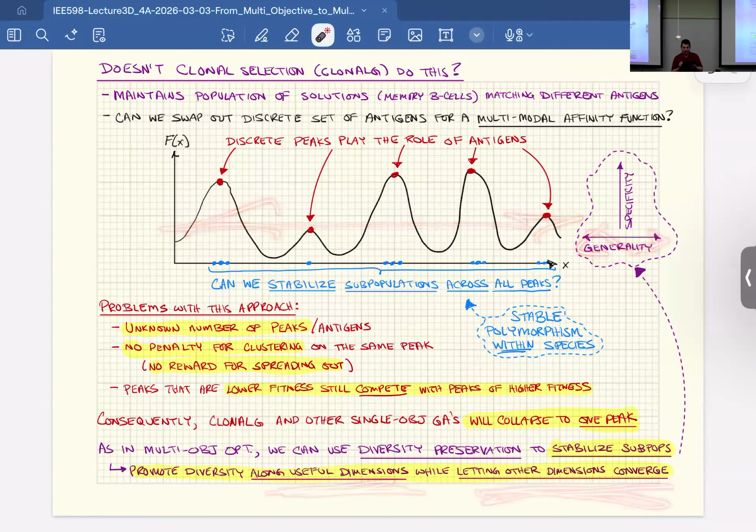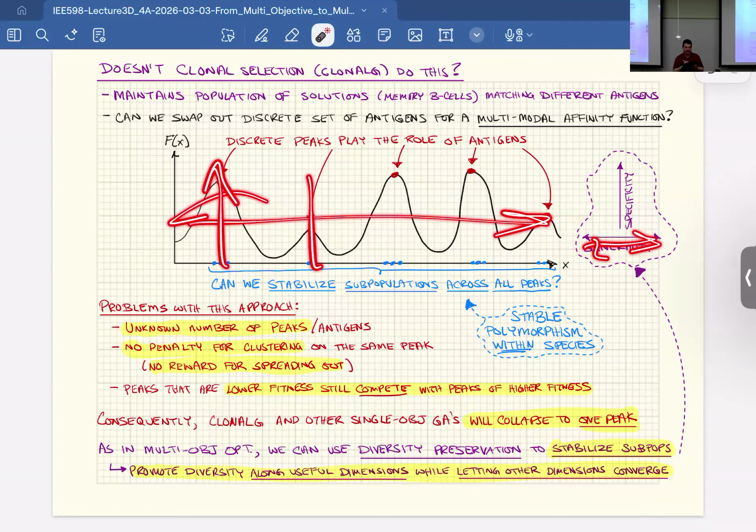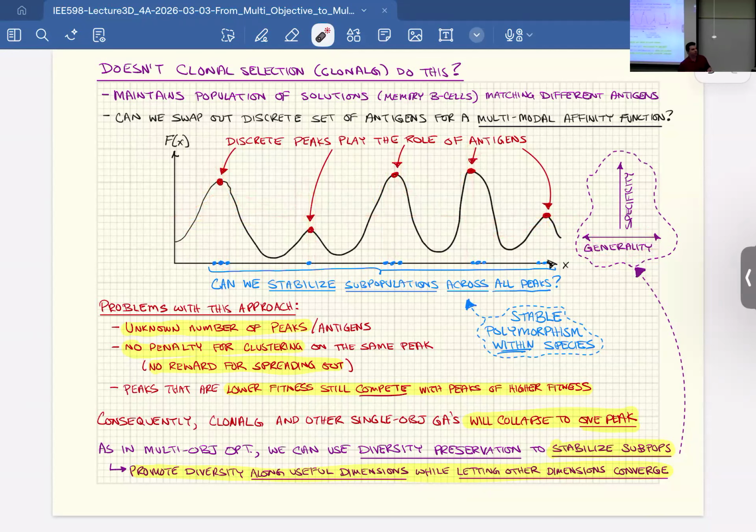We want both generality in this direction and specificity in this direction. A good multi-objective optimizer will have a bunch of individuals right at these individual peaks. So you'll have lots of peak coverage, but within those peaks, you won't get a lot of spread. You'll get a bunch of individuals just at the tops. That's our goal. That's multimodal.